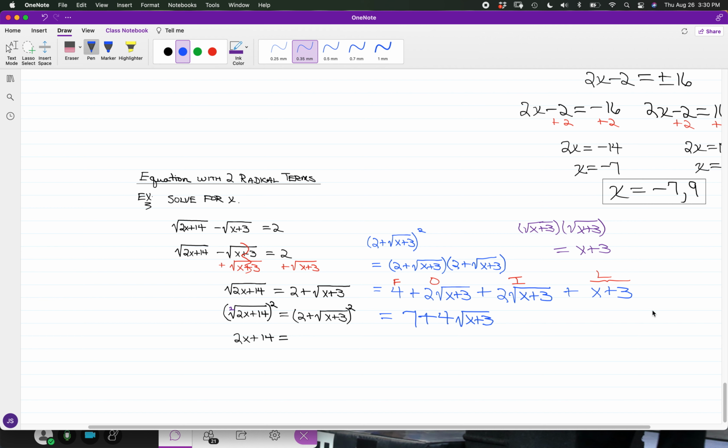We've already gathered the constant, so we have this x left over. Again, I have 4 plus 3 is 7. These two middle radical terms have 4 times the square root of x plus 3 when combined. And we've got plus x left over.